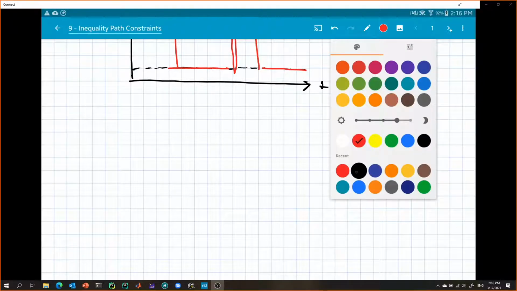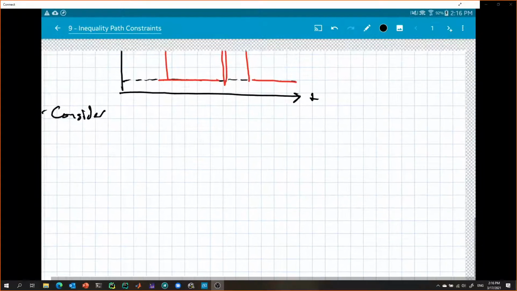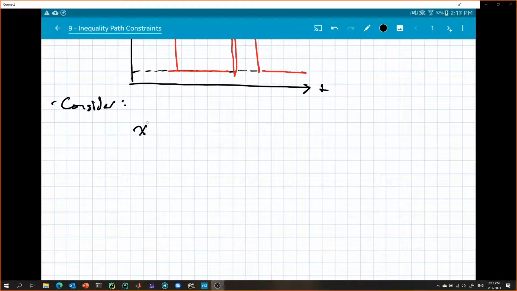So I'll show why that happens. We consider an example problem, but it's generic. We have some x dot, and this is a completely linear system, so we have some A matrix and some B. This is a normal linear system. And then we have bounds for u between -1 and 1.